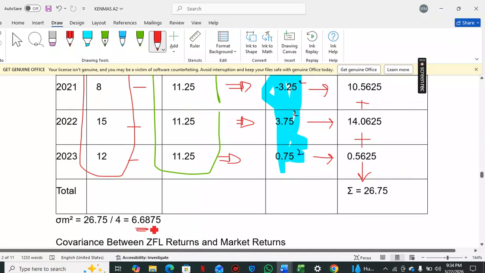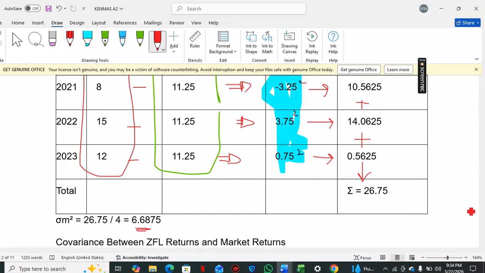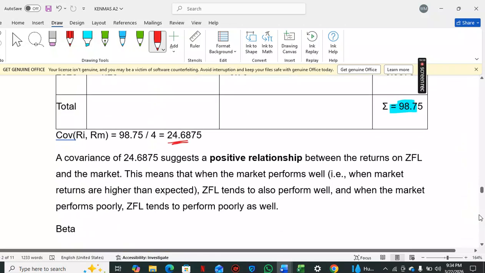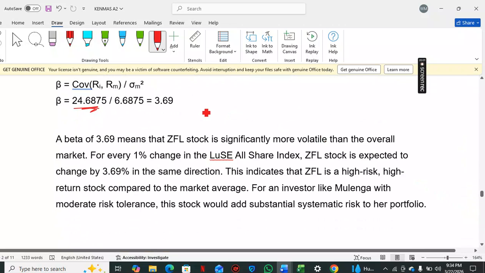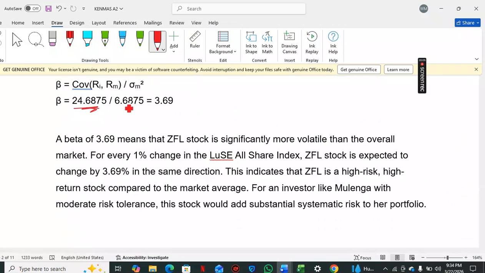The market variance was 6.6875. So 24.6875 divided by 6.6875, you get 3.69. This is the beta for Zambezi Farms Limited.